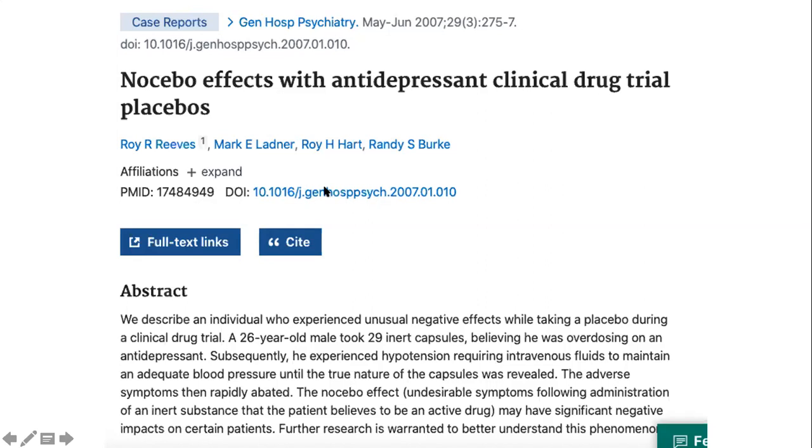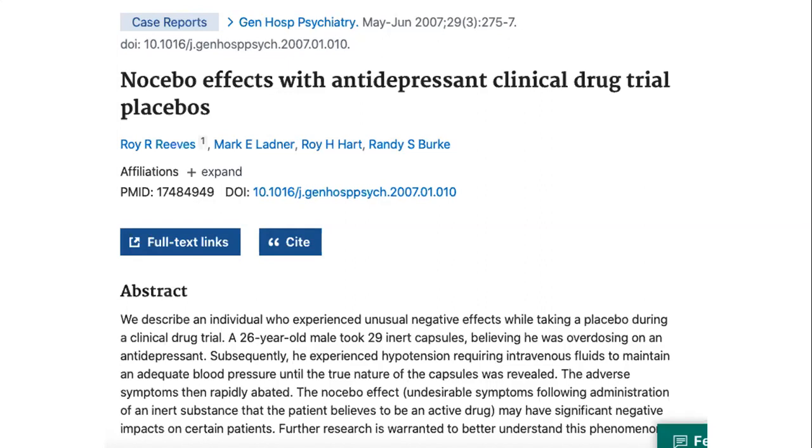So this is an example of a case report. This is a 26-year-old male that overdosed on a drug while he was enrolled in a clinical trial of an antidepressant. When he overdosed, he had hypotension, difficulty breathing, tachycardia, very symptomatic.